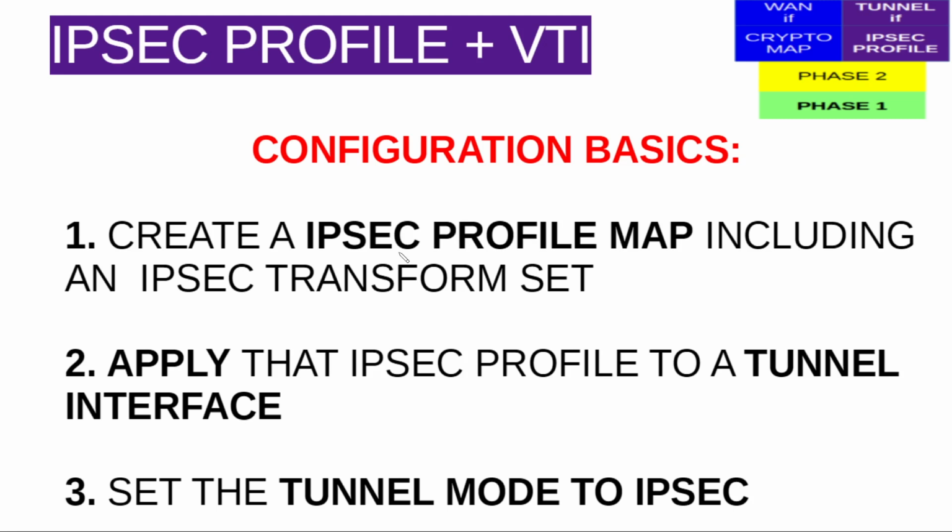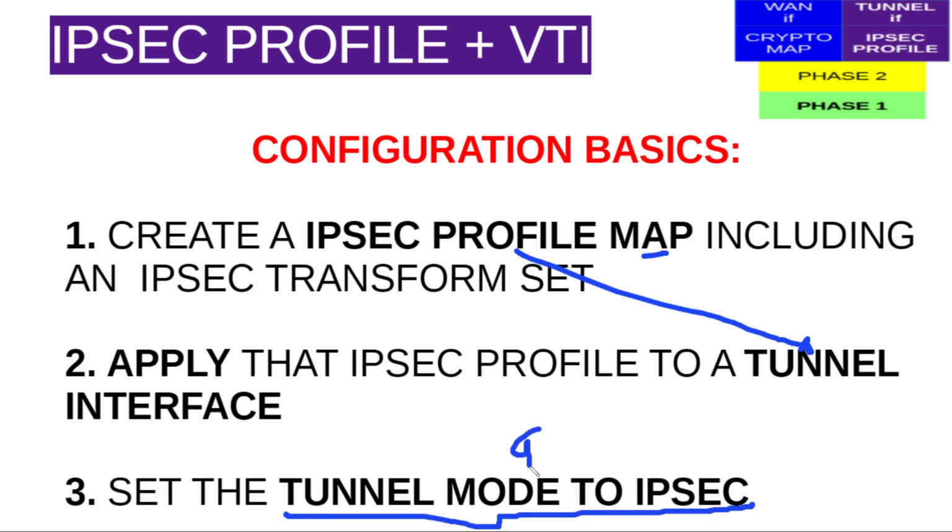We are going to create an IPsec profile. We are going to attach this IPsec profile to a tunnel interface, and then we are going to change the transport. We are going to get rid of GRE with this option. We are going to be able to create pure IPsec transport in tunnel mode in order to move packets.